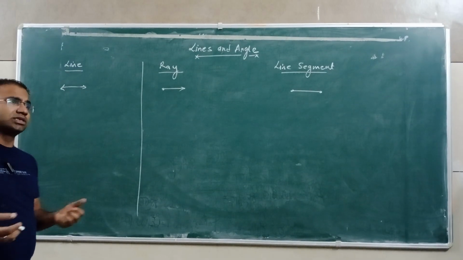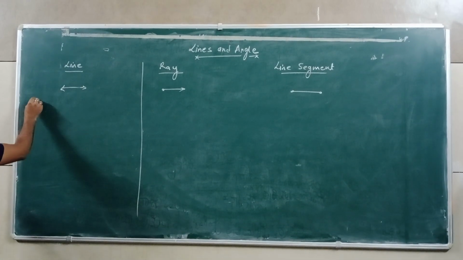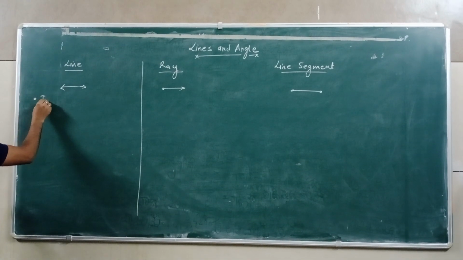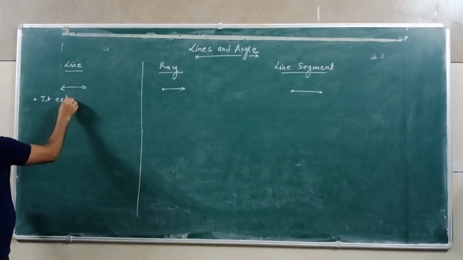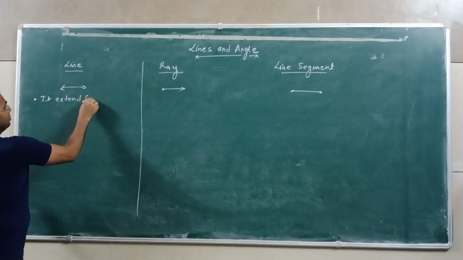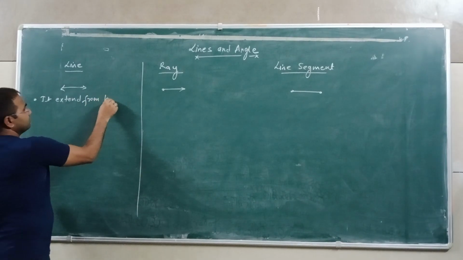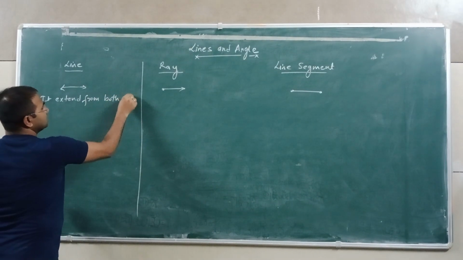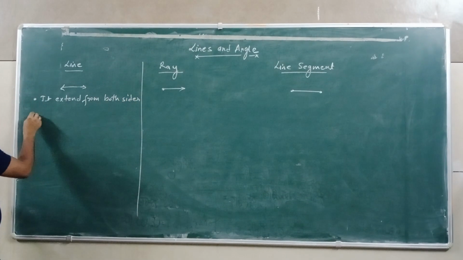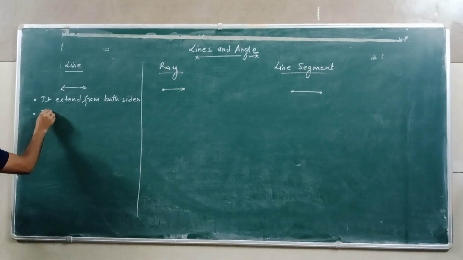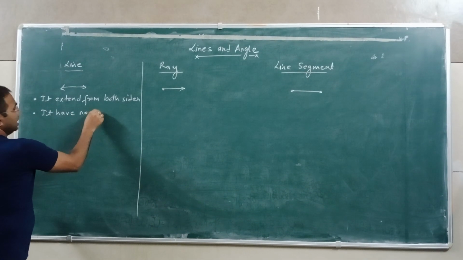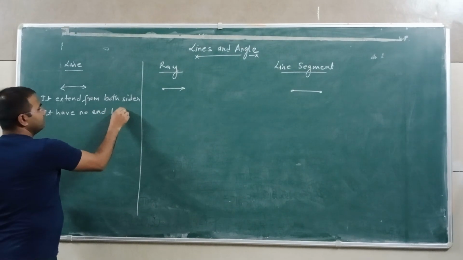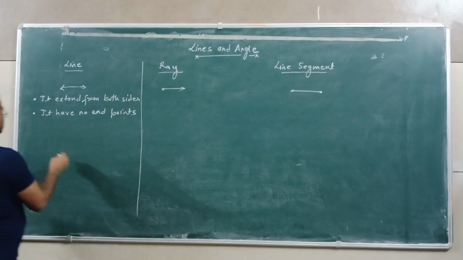Indefinite means not fixed. So here, first of all, we will write: it extends from both sides. Second thing, it has no end points.